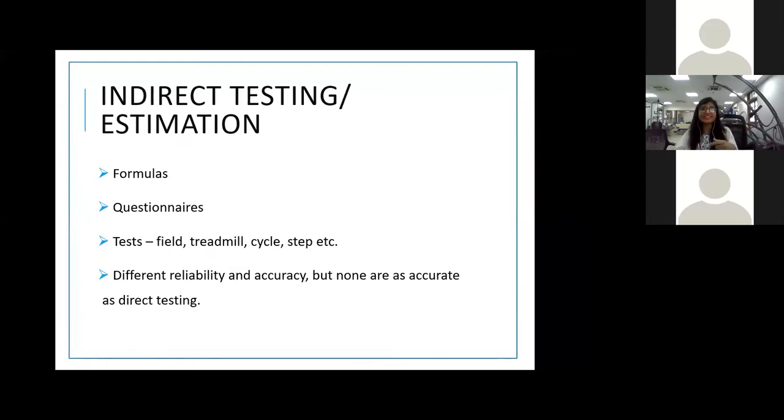Some of the interesting tests are based on questionnaires, using, I think, tools like the physical activity readiness questionnaire. Then there are various tests available: there are a few field tests, treadmill tests, and cycle and step protocols, which have a derived formula for VO2 max, established with good validity and reliability. They have different reliability and accuracy, but they are not as accurate as direct testing. That is true.